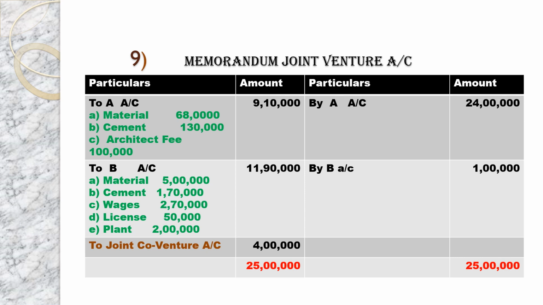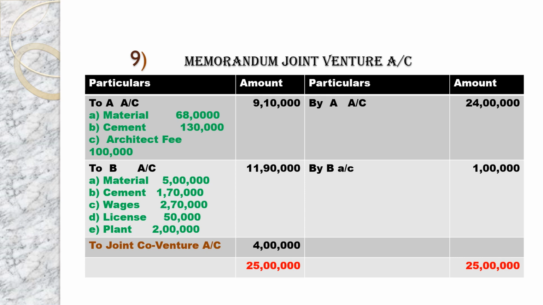Now this is memorandum joint venture account. So debit side we record all expenses. That is material purchased by A 6,80,000, cement purchased by A 1,30,000, and then architect fees paid by A 1 lakh. So all these 3 are expenses incurred by A debit side.